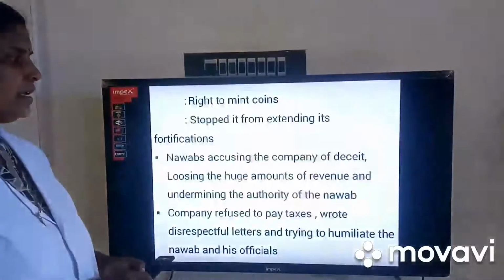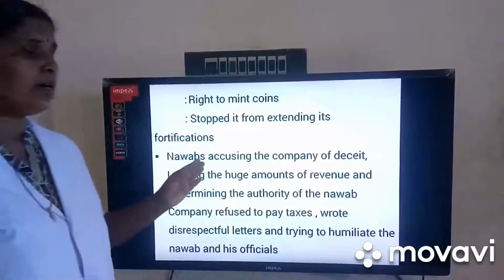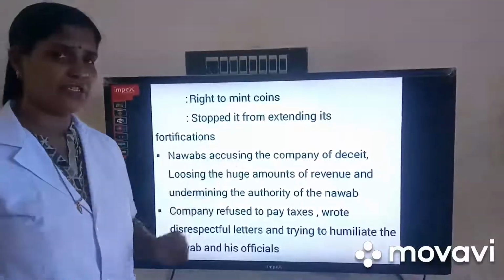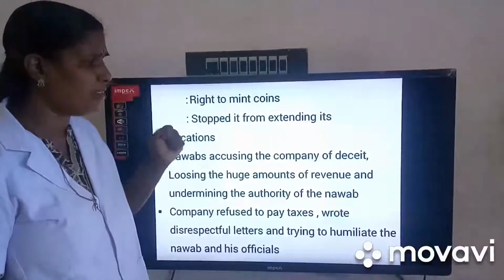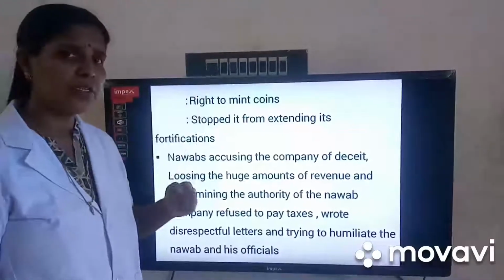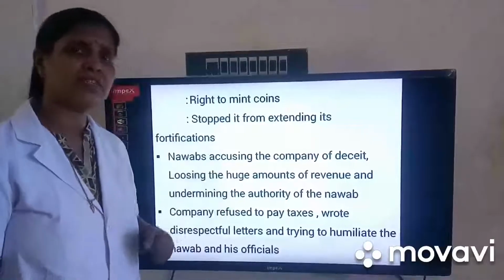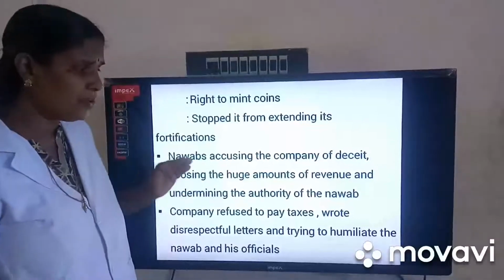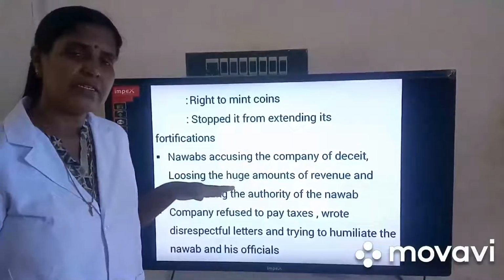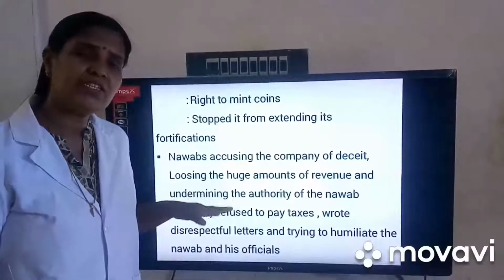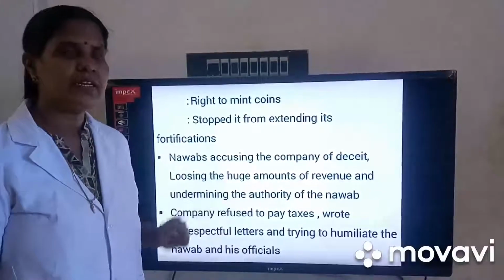Then next, the Nawabs were accusing the company. Why did they refuse? Why were they not allowing them to mint the coins, or giving more and more concessions? Because they accused the East India Company of deceit, of cheating the Nawabs.